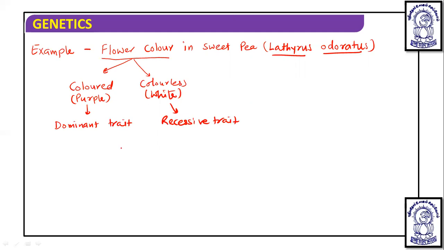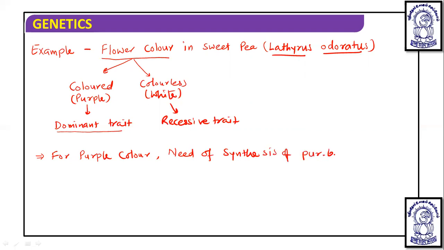Now, if we talk about this dominant trait, purple: for purple color of flower, there is a need for synthesis of purple pigment known as anthocyanin.